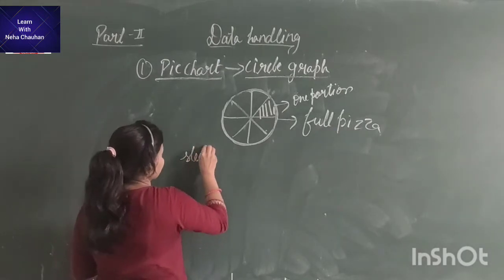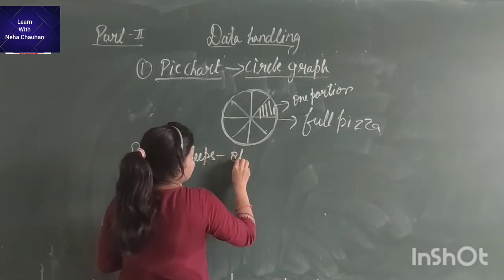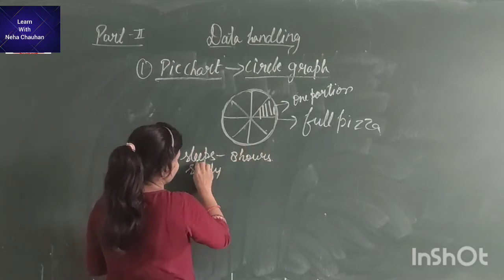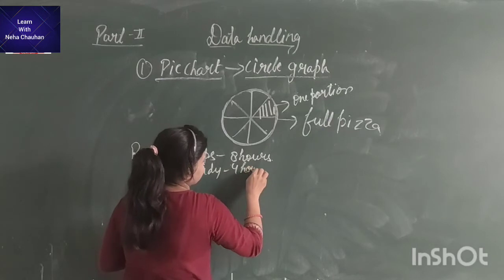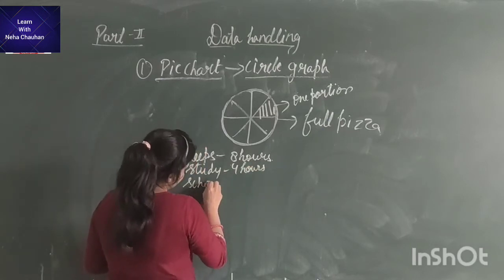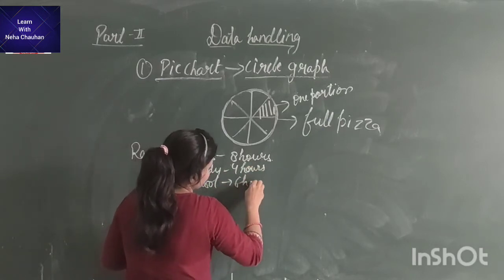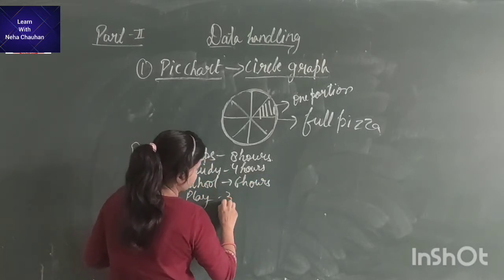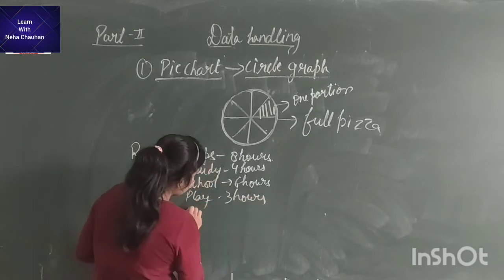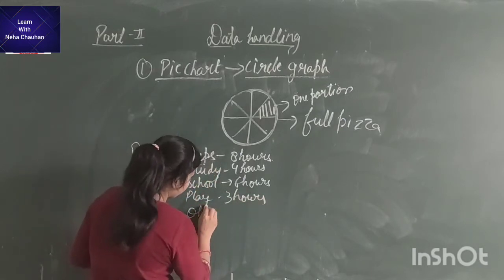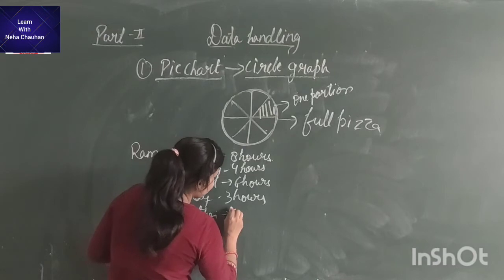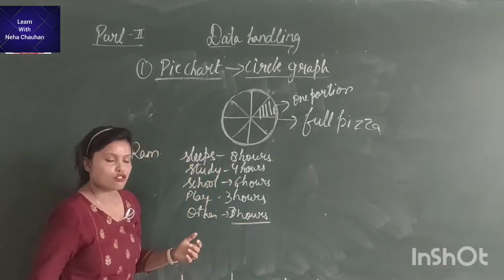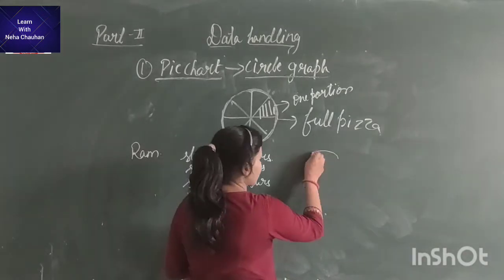He sleeps for 8 hours, studies for 4 hours, is at school for 6 hours, plays for 3 hours, and other activities are done in the rest of the 3 hours, right? So how will we represent this data in the pie chart?